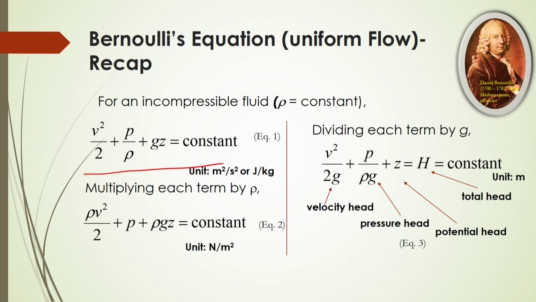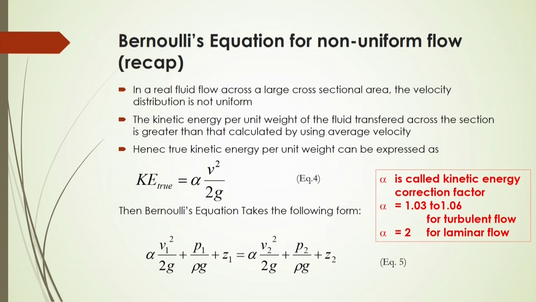This equation is represented in different forms: this is one form, equation 2 and equation 3. This is the head form, this is the energy form, and also the energy per unit mass form. In that case we get this Bernoulli's equation to represent the working principle of the different measuring devices.